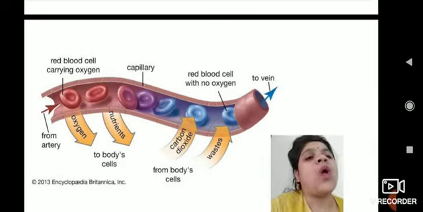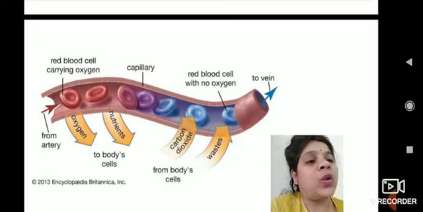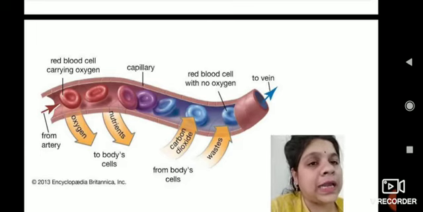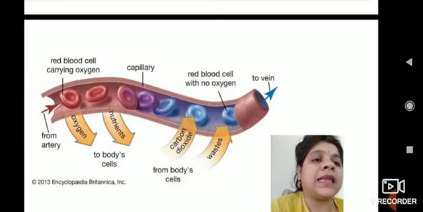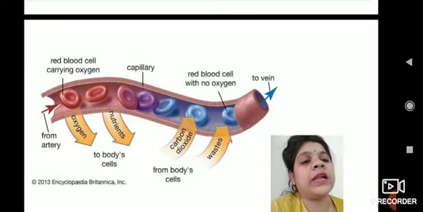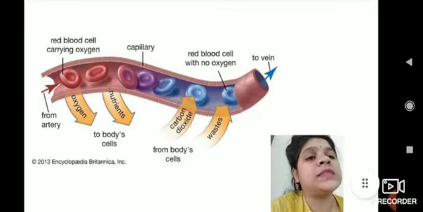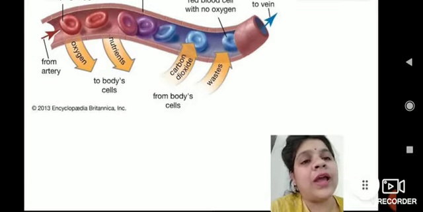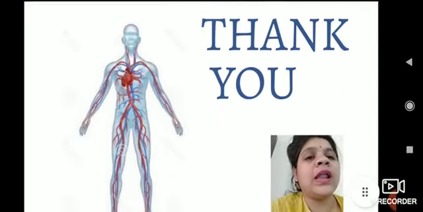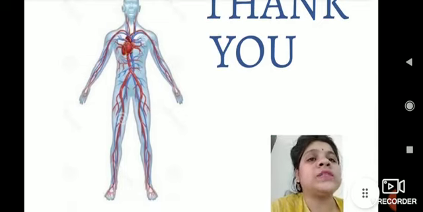And the carbon dioxide and waste are diffused to the capillaries, and then capillaries take this deoxygenated blood and metabolic waste towards the heart, where the heart sends it to the lungs for oxygenation and exhalation of carbon dioxide. This is the circulatory system.